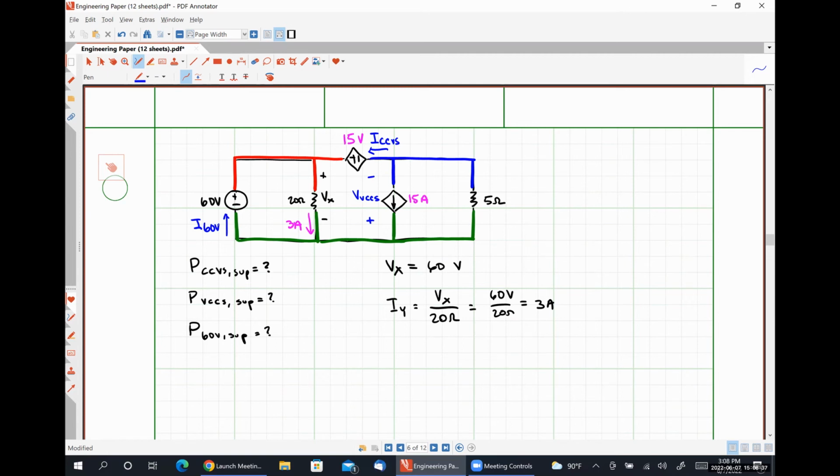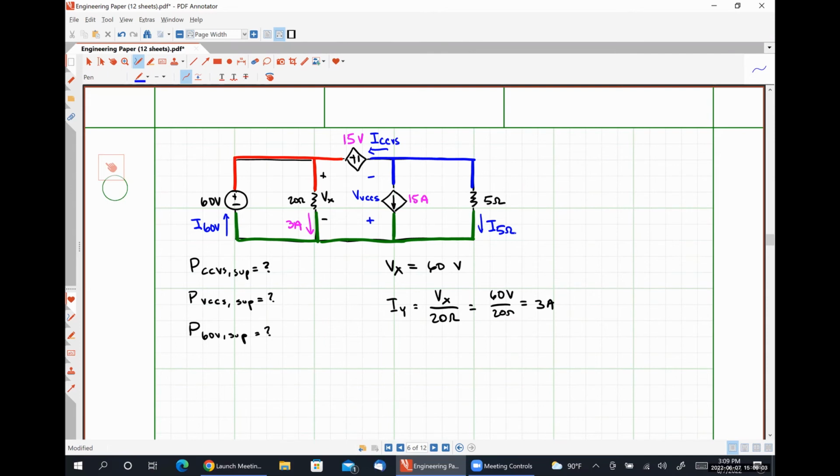So that's a very good intuitive step there, okay? You've made a very, very good observation. The only thing we don't know in order to determine the current I 60 volts is the current flowing through the 5 ohm resistor. So let's go ahead and throw a label on that guy real quick as well. I'm just going to call this I 5 ohms.